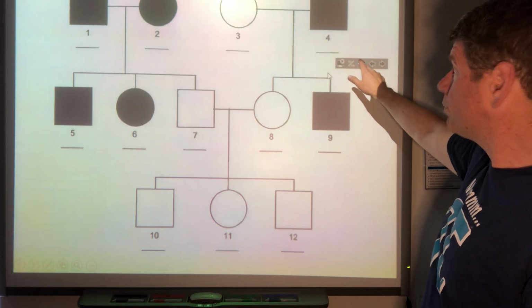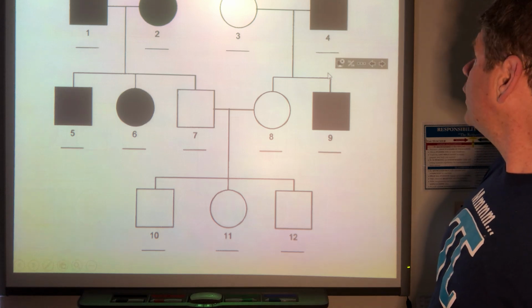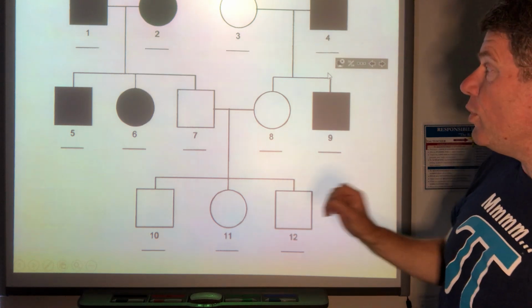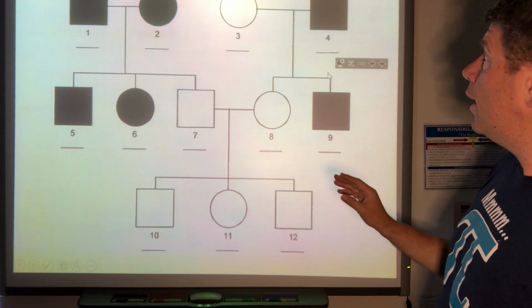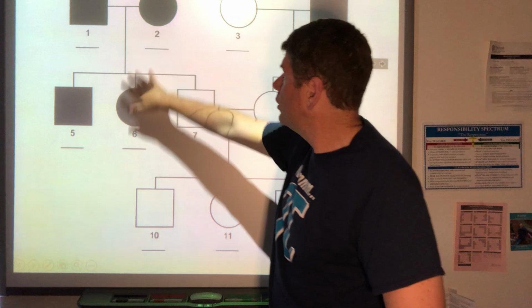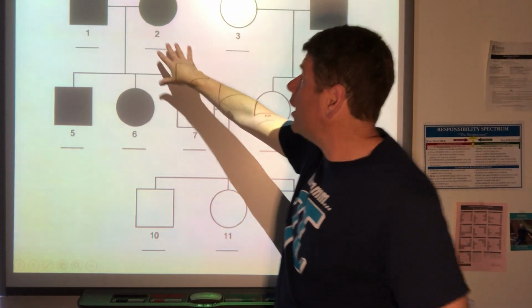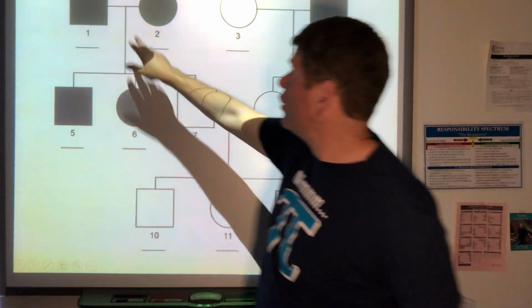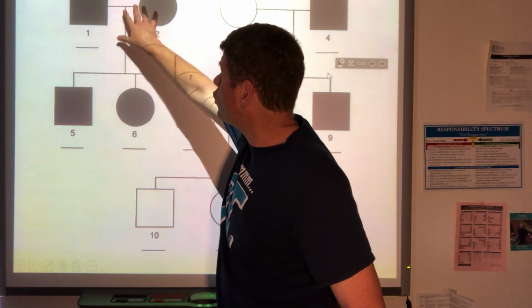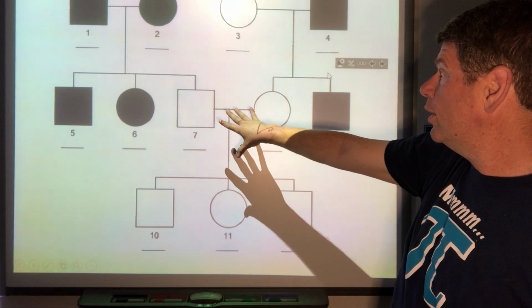This last one, what do we see? This one's interesting because I want to show you guys that every affected individual has an affected parent, right? We know it's not autosomal recessive because these parents, if it was autosomal recessive, every child would have the disorder, okay?